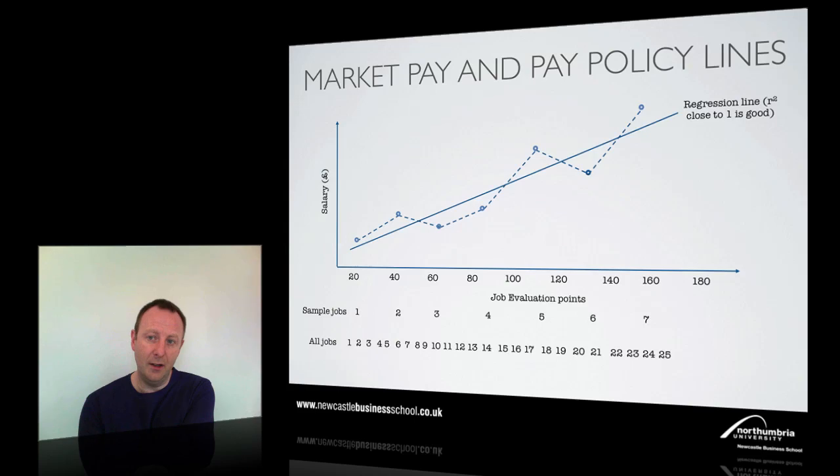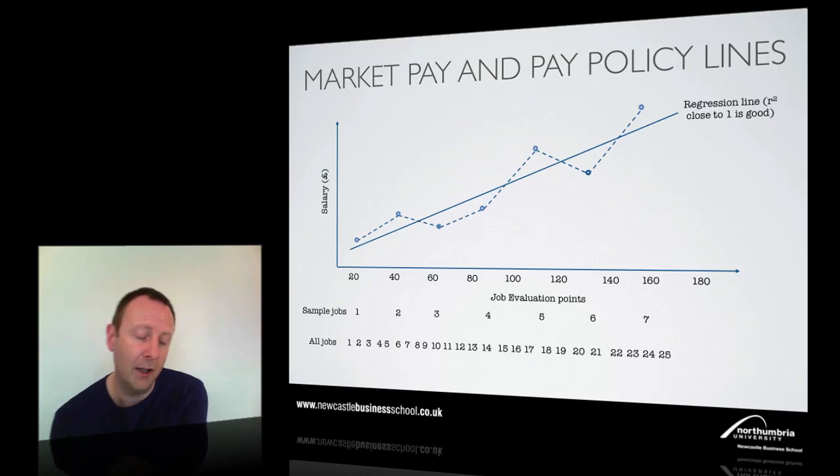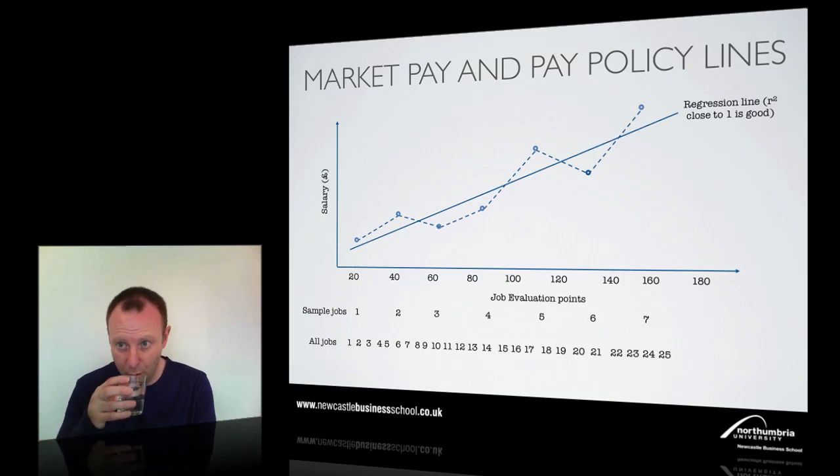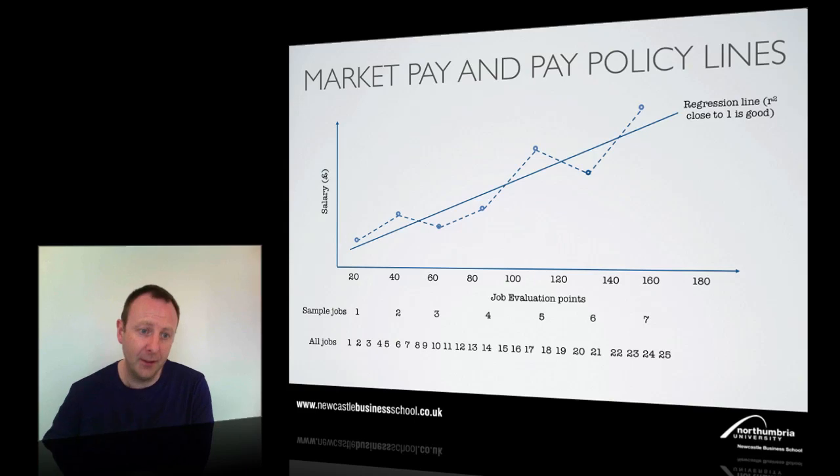Now, the extent to which this regression is reliable depends upon just how much of a zigzag there is in our original data. That is, how much divergence around that line there happens to be. And we can make a judgment about how good this regression is based on the R-squared score that we get when we do the regression calculation. Obviously, a perfect regression relationship would be an R-squared of 1. Anything less than 0.7 would be unacceptable.